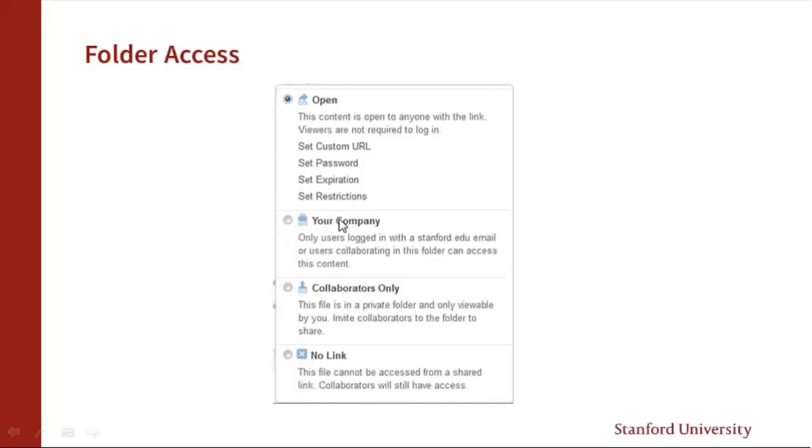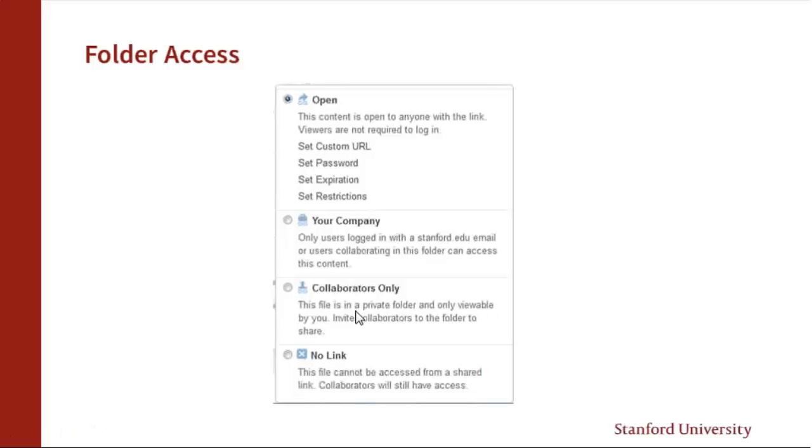Okay. Your company. What this means is anyone with your email address can have access if they have that link, or any other collaborators that you assign, that you give permission to access that. Okay, collaborators only.